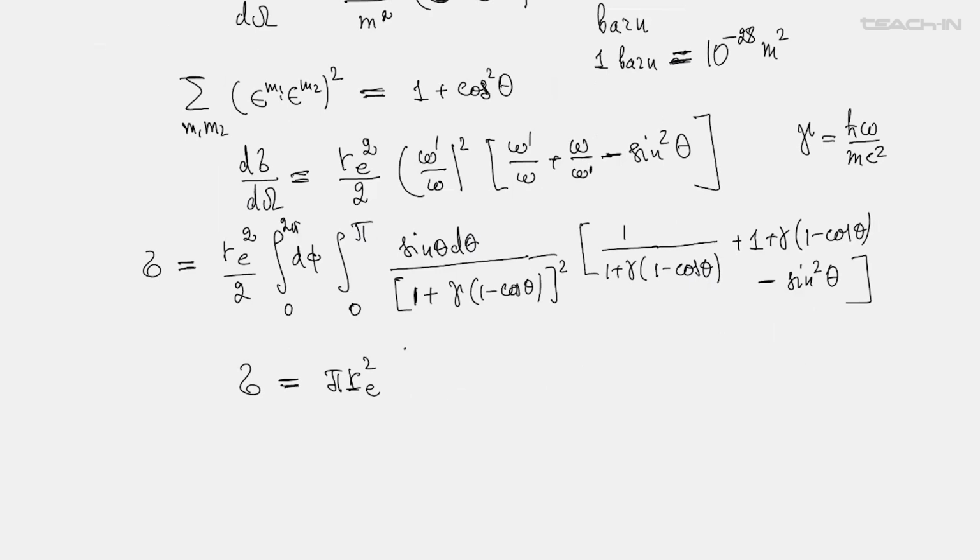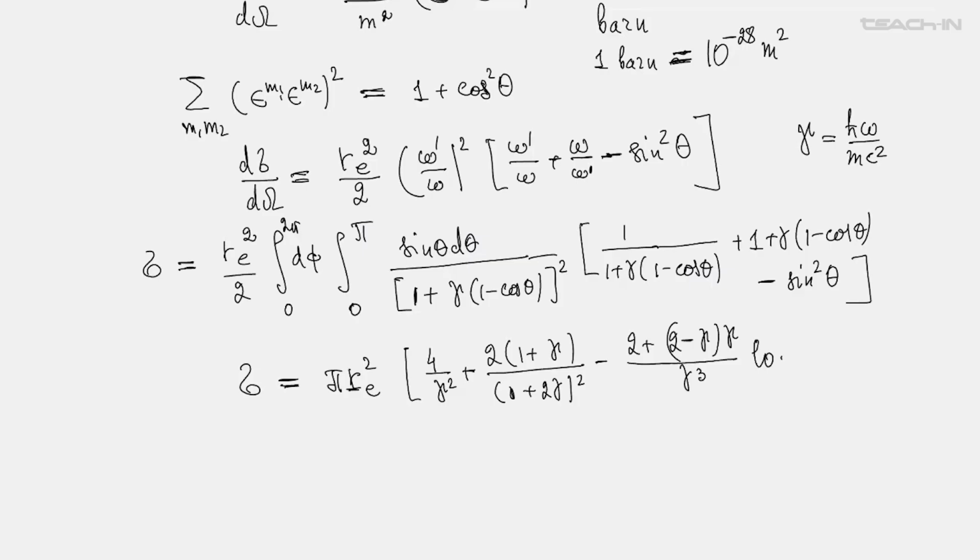If you put this expression into Mathematica, it will integrate for you in terms of elementary functions. And this is how the answer then looks like. And this is the answer for the total cross-section of the Compton scattering.